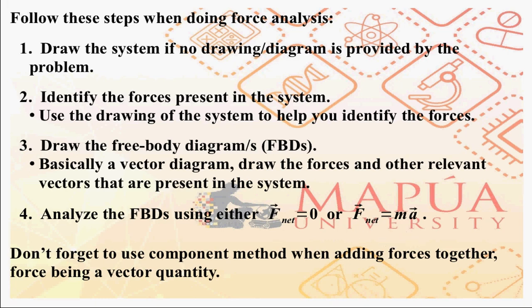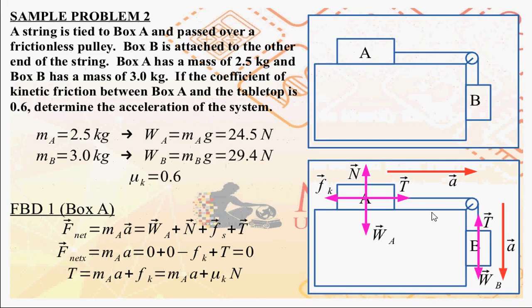Case in point, let's look at free body diagram 1, box A. So F net is equal to the summation of the forces acting on the system. You have weight, normal force, friction, tension. So sum of all those forces is the net force. The object A has acceleration. So F net is equal to ma. Since we're talking about object A, we use mass A.